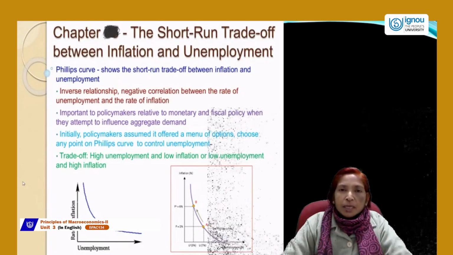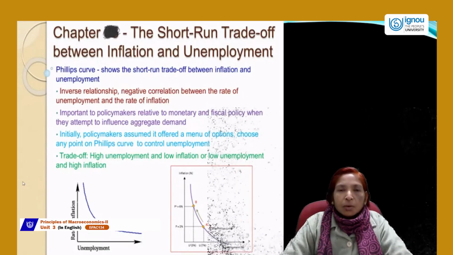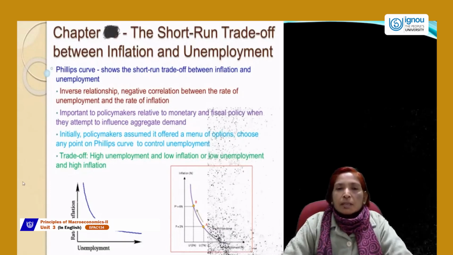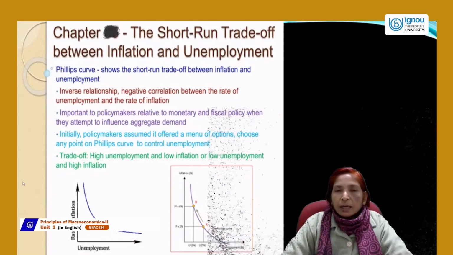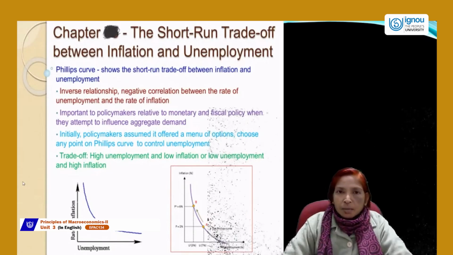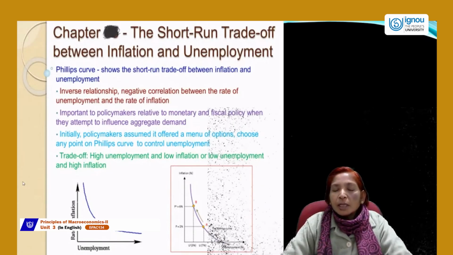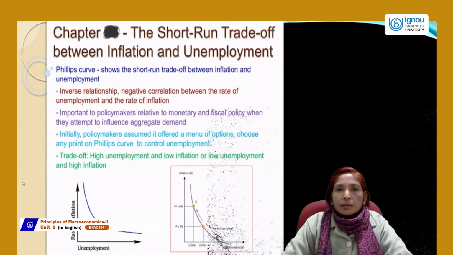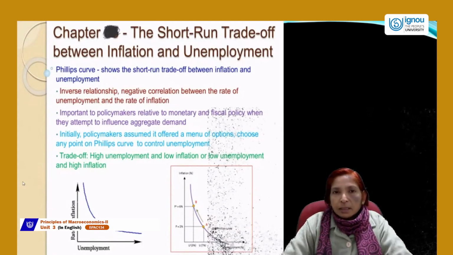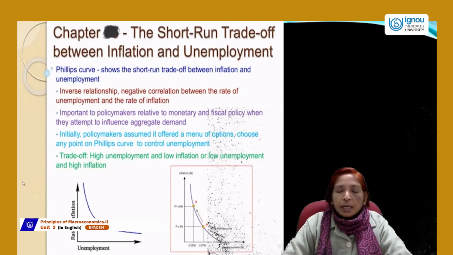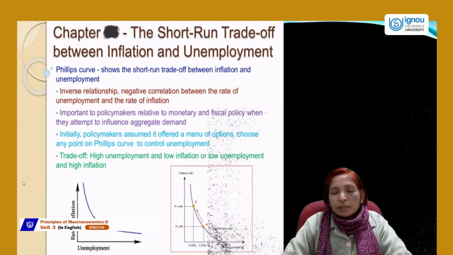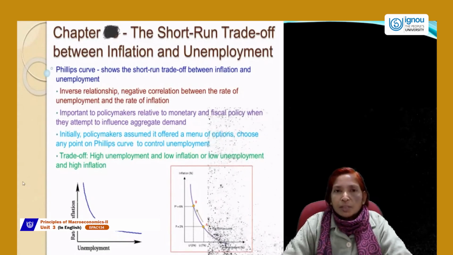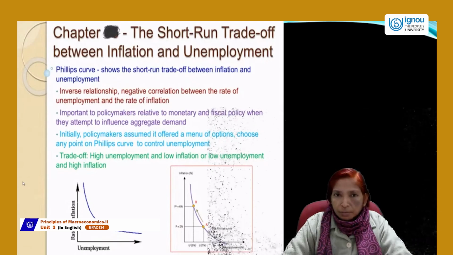And aggregate demand, you know, is the total demand by all the people of a country. It is the sum total of C and I. C is demand for consumption and I means demand for investment. If there is a two sector economy, then aggregate demand has two components, C and I. If there is a three sector economy, then aggregate demand has three components, C plus I plus G. C is consumption, I is investment, G is government expenditure.